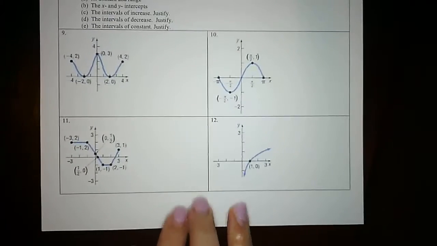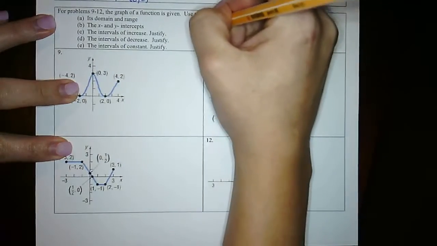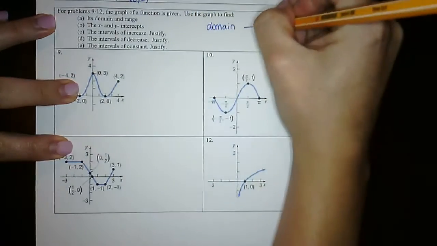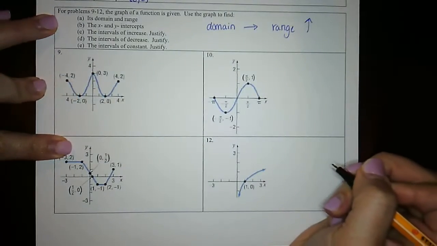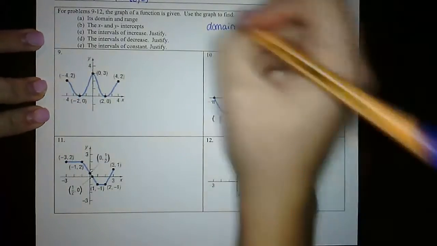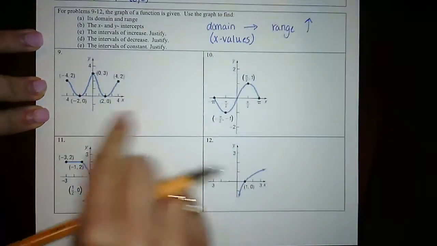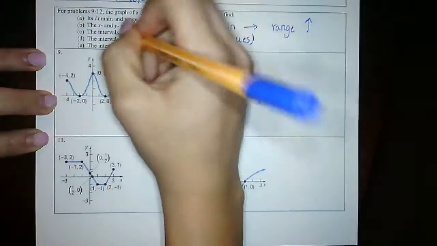So, a couple more examples. It wants to know domain. Remember, domain is left to right. Range is bottoms up. So our domain, x values, for this function right here is -4 to 4.